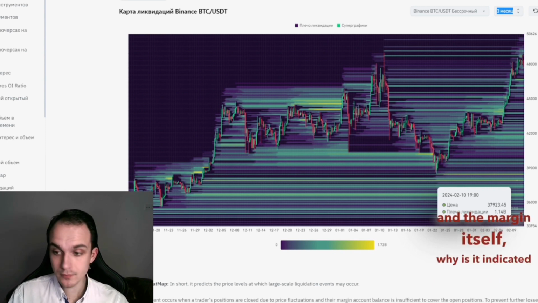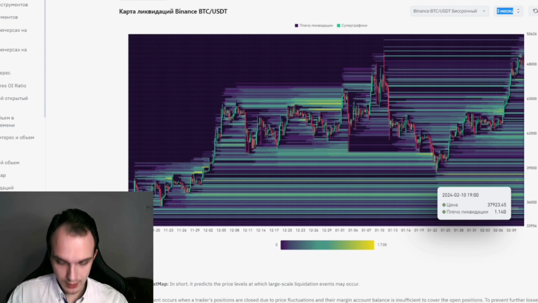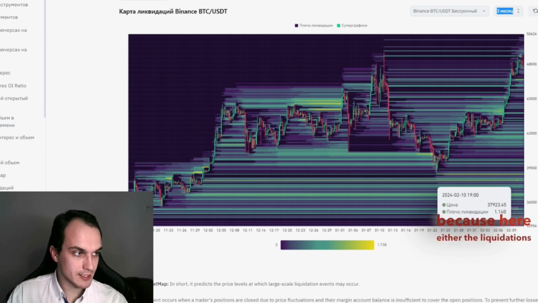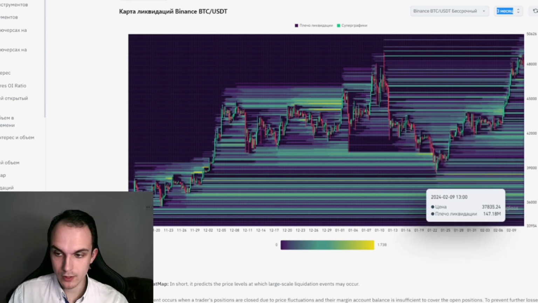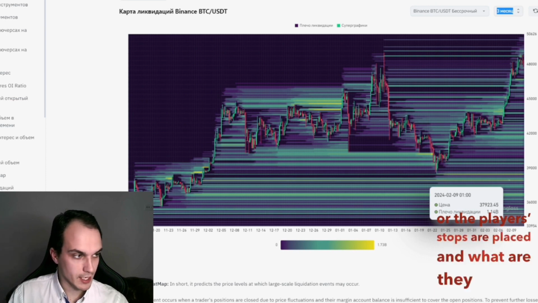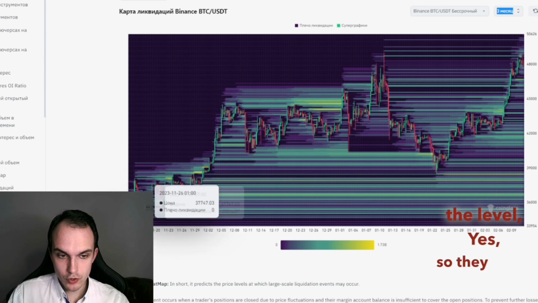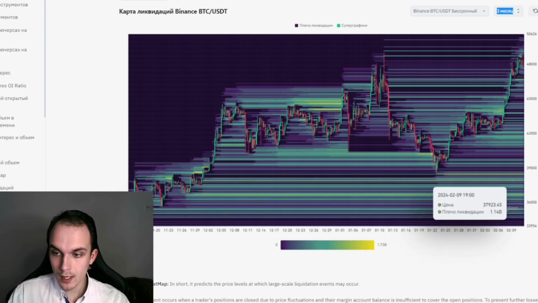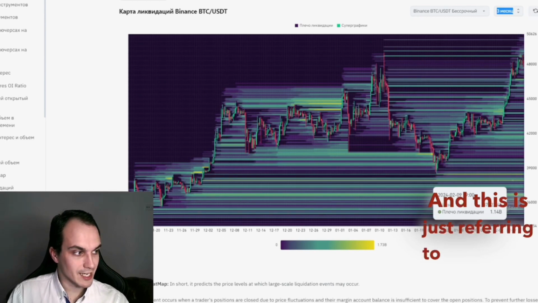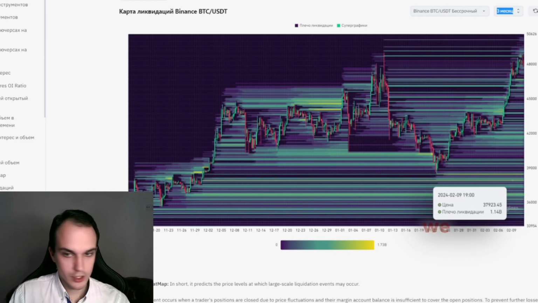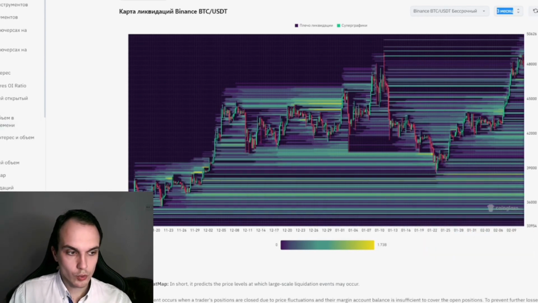Why is it indicated so? Because here either the liquidations on the profits in long or the players' stops are placed, and they are placed from the level. So they stand a bit below this level. And this is just referring to what kind of trading movements we will take from the levels.